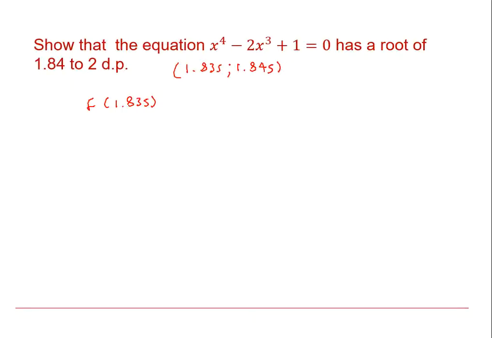So as we saw in an earlier video, everything inside that interval rounds to 1.84 to 2 decimal places, and everything outside doesn't.